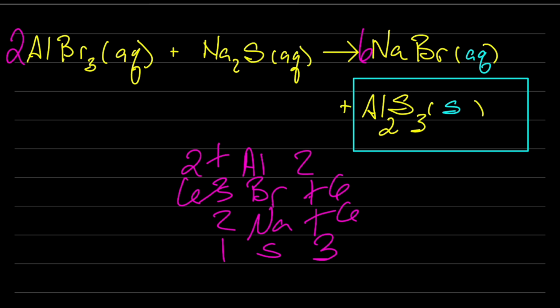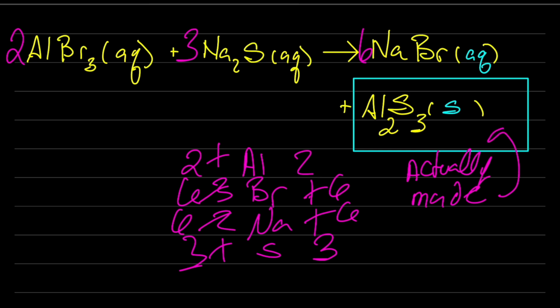Let's see, got to fix our sulfurs. 6 and 3, and I think we're good. All right, so the new part of this was, again, checking the solubility rules and finding out that we actually made aluminum sulfide.